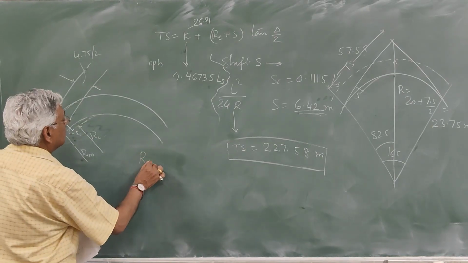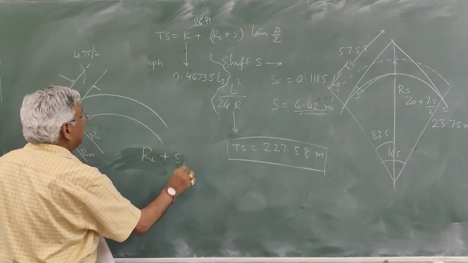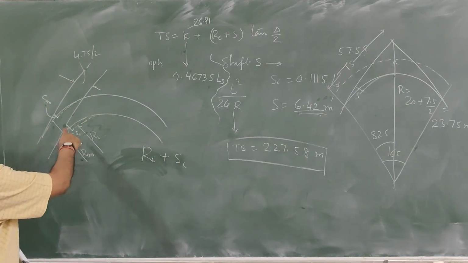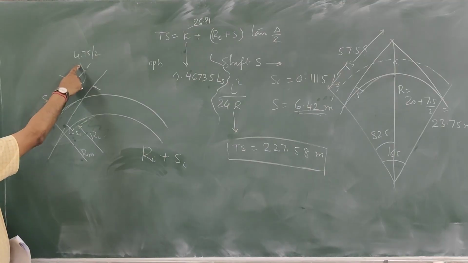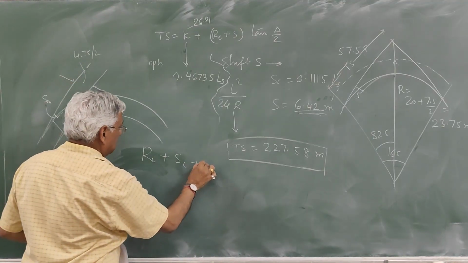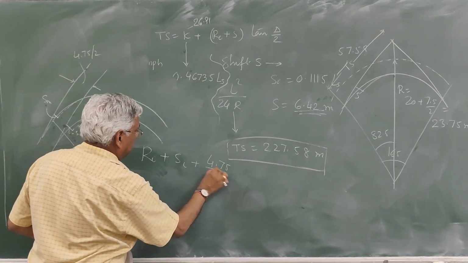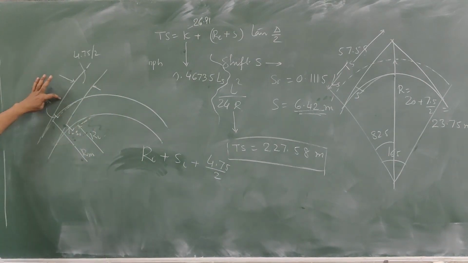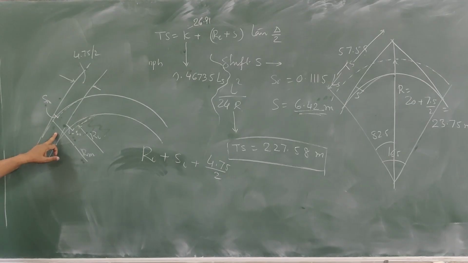So RI plus SI plus half of the width here, 4.75 by 2, that takes you to this tangent. And if you subtract this middle radius here, you get this shift.